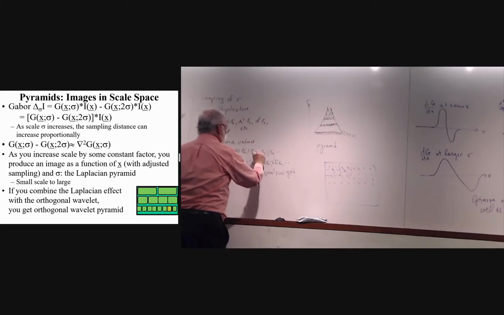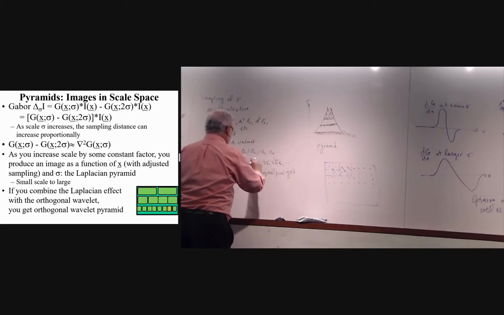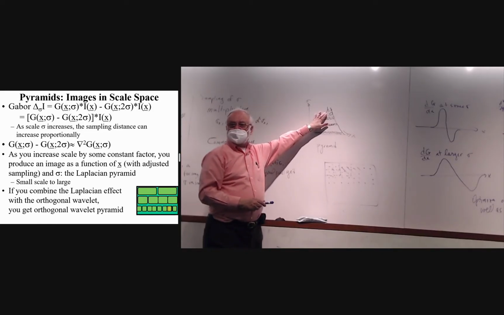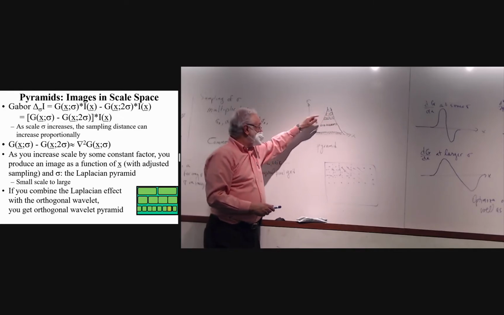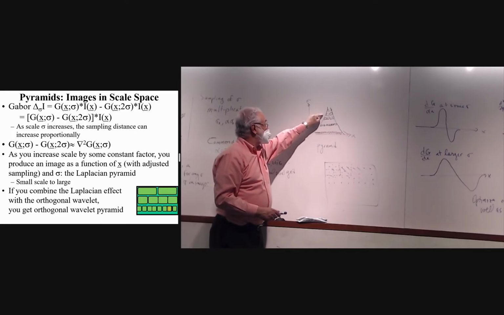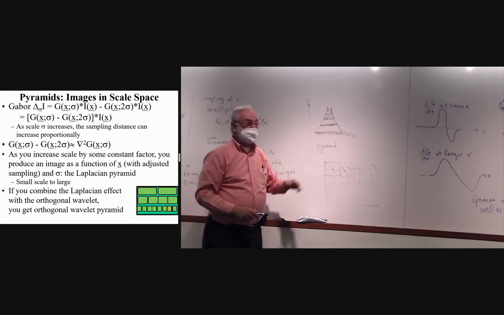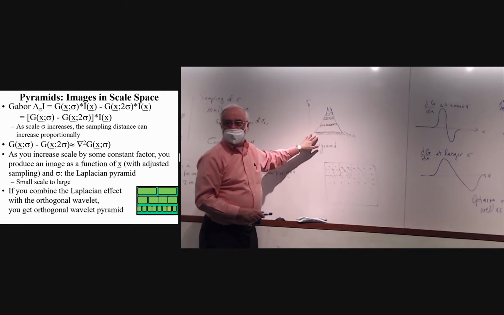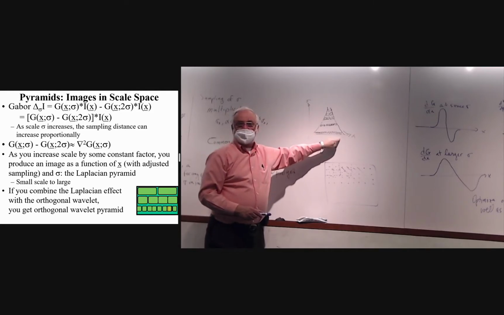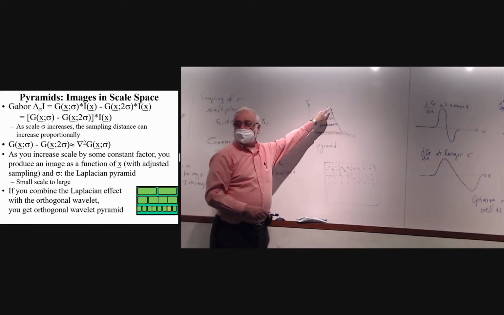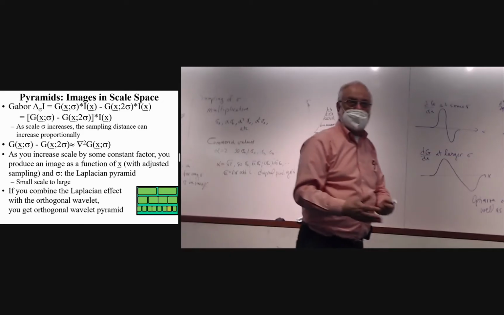That is 2 sigma and 4 sigma and 8 sigma and so on. It depends on what you consider sigma 0 to be. If it's the sigma for the top level, because you're going large scale to small, then yes, you have to halve it and quarter it and eighth it, or 1 over alpha, 1 over alpha squared, 1 over alpha cubed, and so on. But if you think of sigma 0 as the sigma of the original image, then you want 2, 4, 8, 16 times that scale.